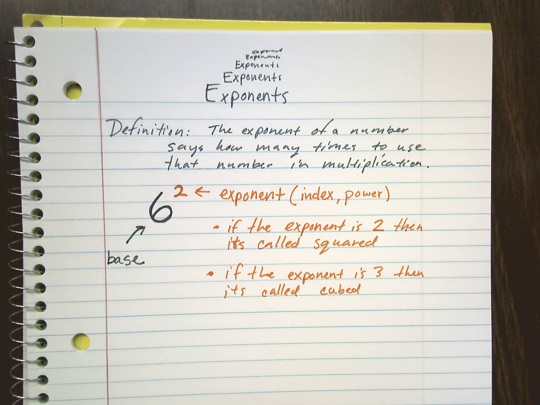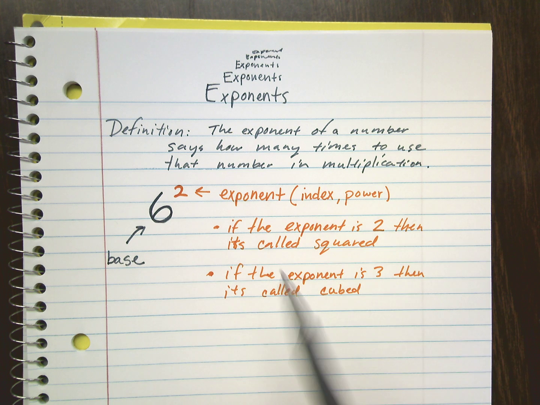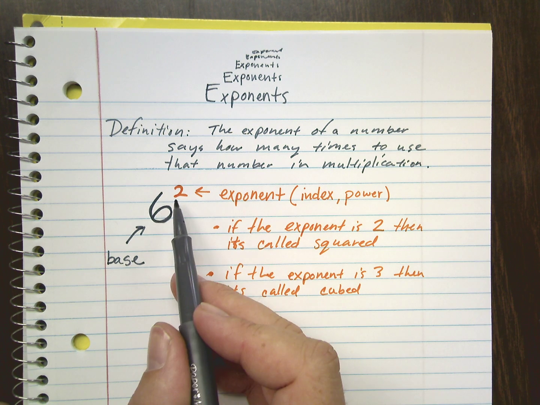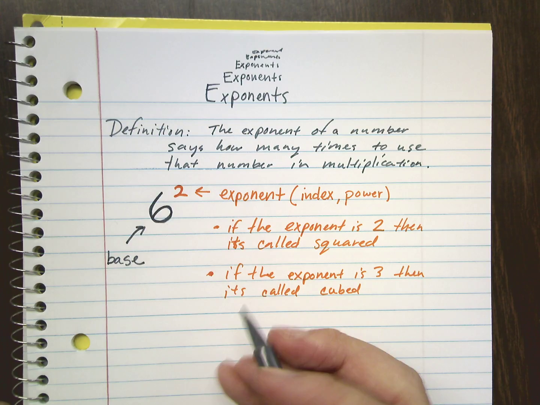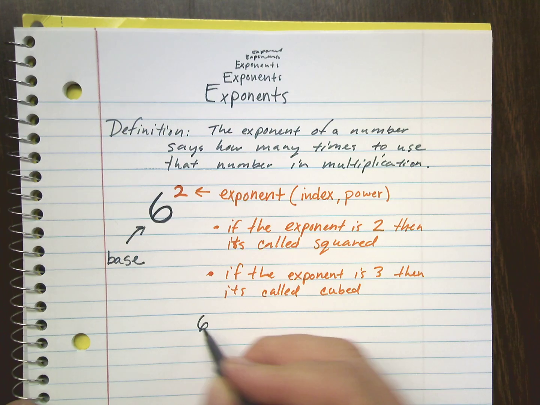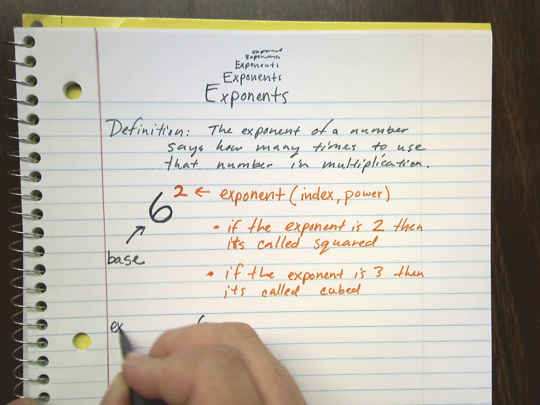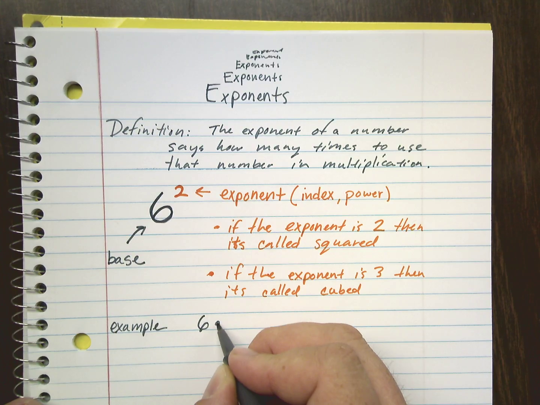So what are we doing with this 6? The exponent of a number says how many times to use that number in multiplication. So the exponent is telling me that I need to use the number 6 two times in multiplication. So here's my example: 6 times 6.